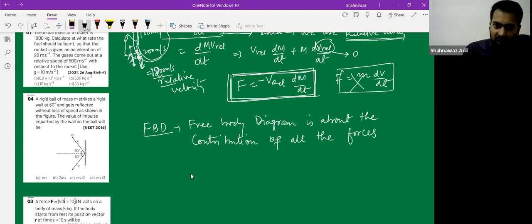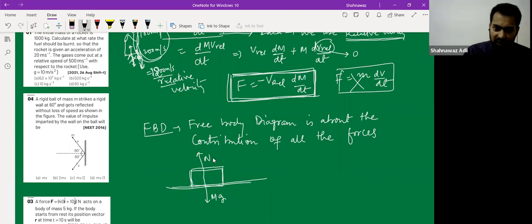Right. So let's just say that your mass is kept on the surface, right? So this mass has one force which is pulling it downwards, gravitation. So this is mg, and one other force which is acting perpendicular.